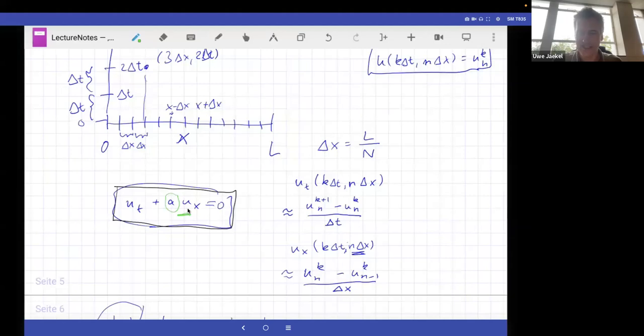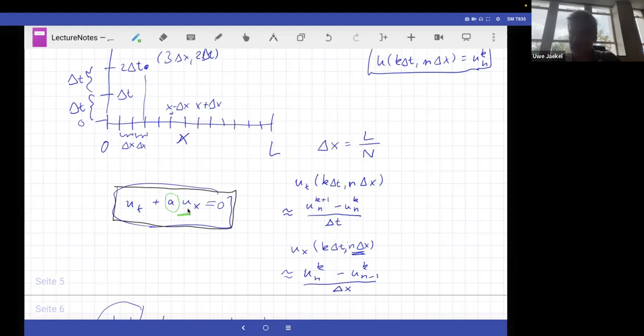And this velocity times delta t, the size of the time step, velocity times time step, that has the dimension of space, of a length, divided by delta x, which also has the dimension of a length.